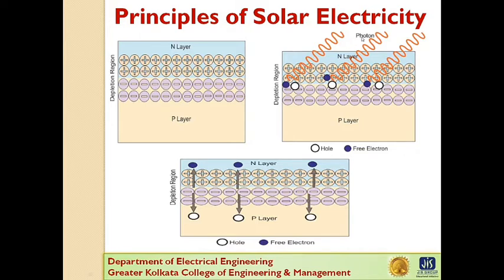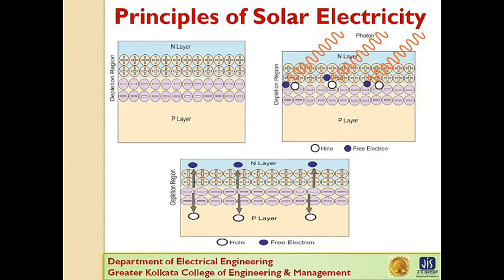When sunlight strikes the cell, it easily reaches the PN junction. The PN junction absorbs the photons of the sunlight ray and consequently produces electron-hole pairs in the junction.